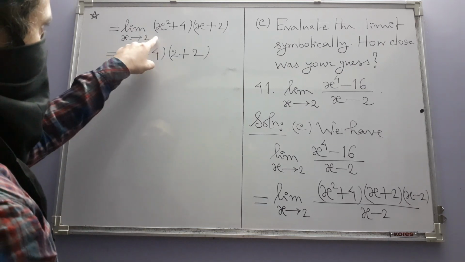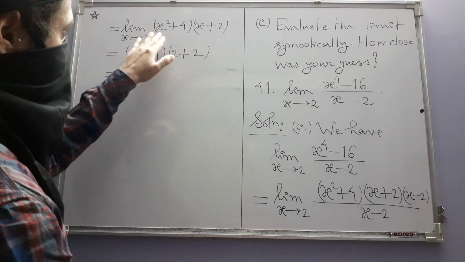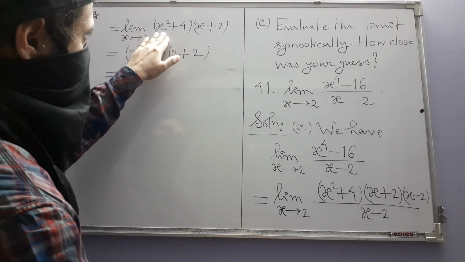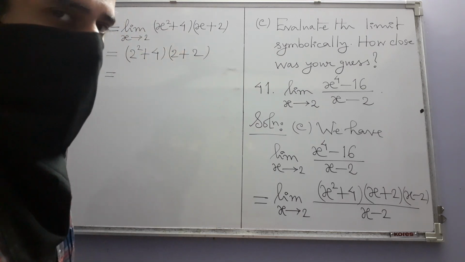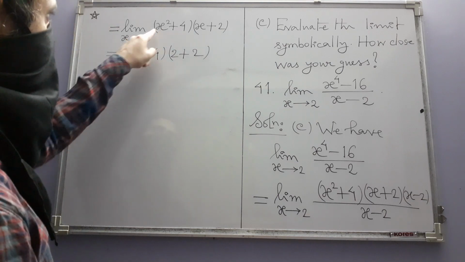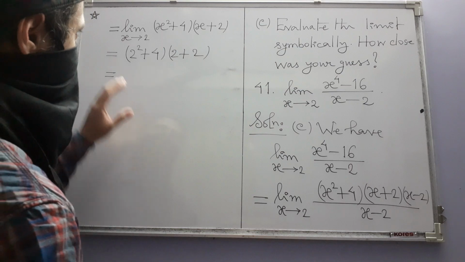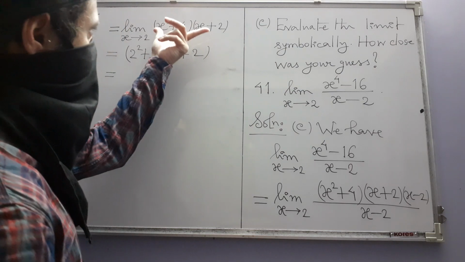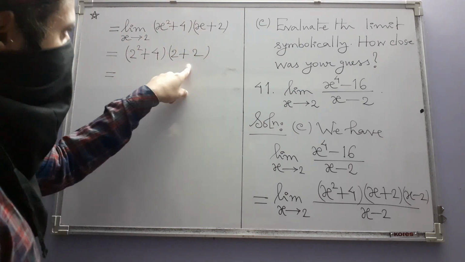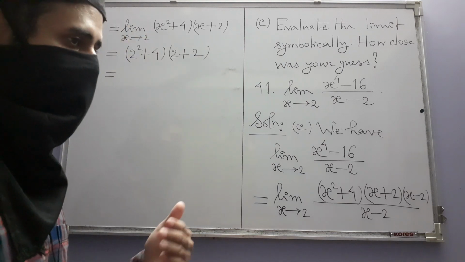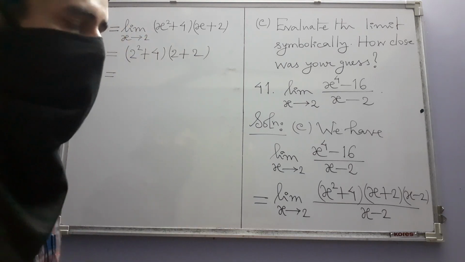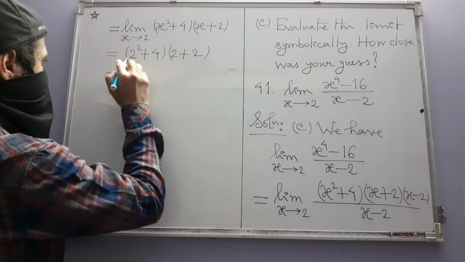Here there is no problem in substituting 2 for x, of course, because you can just put x equal to 2, but that's not the point. x is not equal to 2. The limit of this is equal to this as x gets closer and closer to 2.